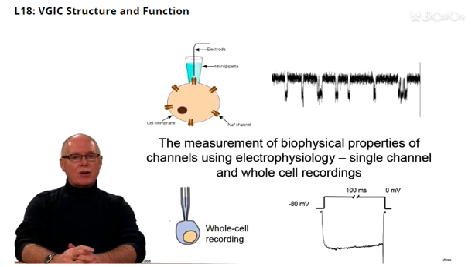Using expression cloning, recombinant expression, and techniques from electrophysiology and molecular biology, researchers can examine the biophysical properties of channels and their putative functions in cells. Biophysics is an interdisciplinary science that utilizes the principles and methods of physics to study biological systems.